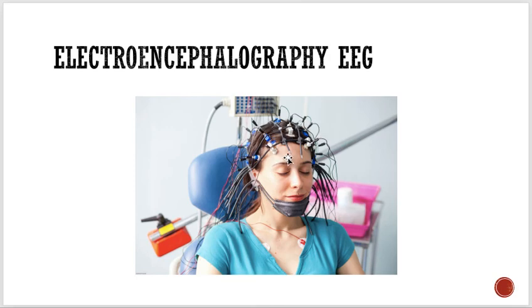In electroencephalography, they record electrical activity of the brain using many scalp electrodes, over several minutes. The most common use of electroencephalography is to diagnose epilepsy. That is the most important use of this one.